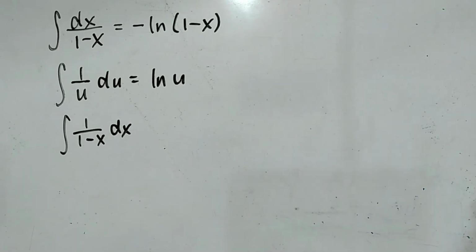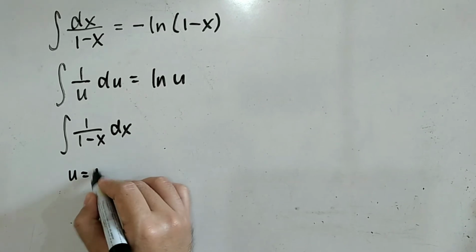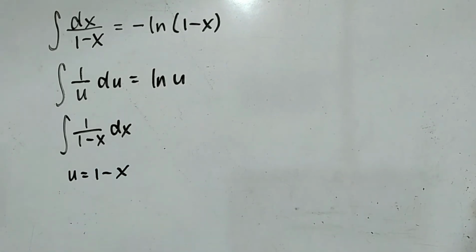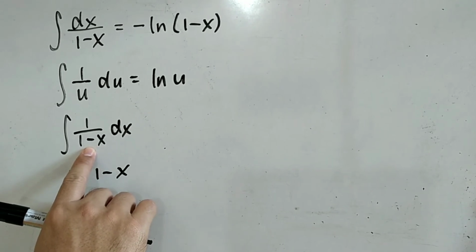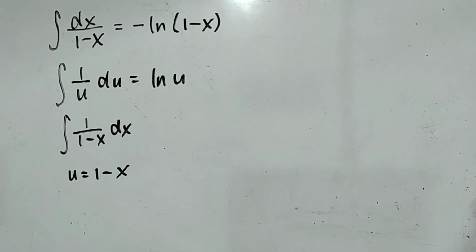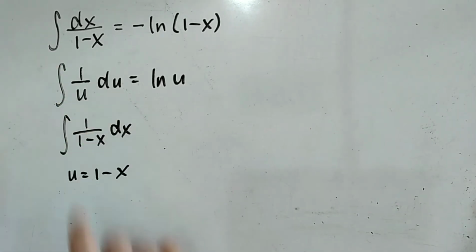One technique is what we call the technique of substitution, where we have u is equal to 1 minus x. Okay? So here, our u is clearly 1 minus x, so that the expression becomes integral of 1 over u du.